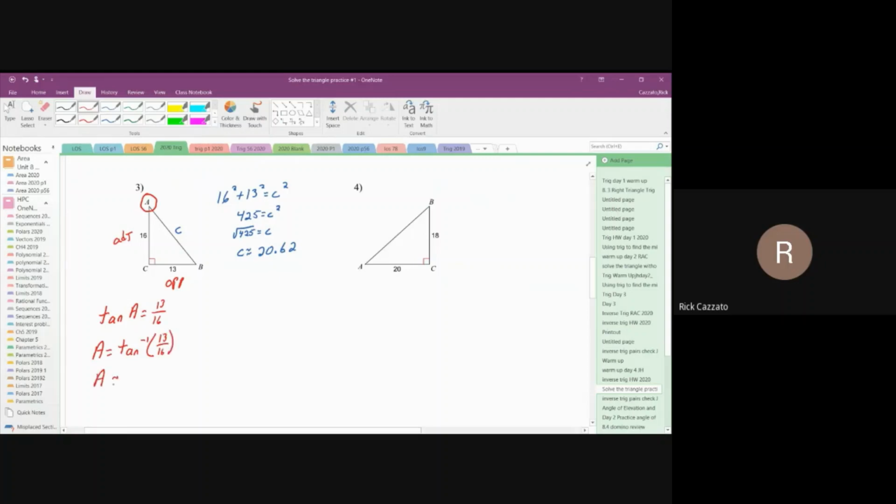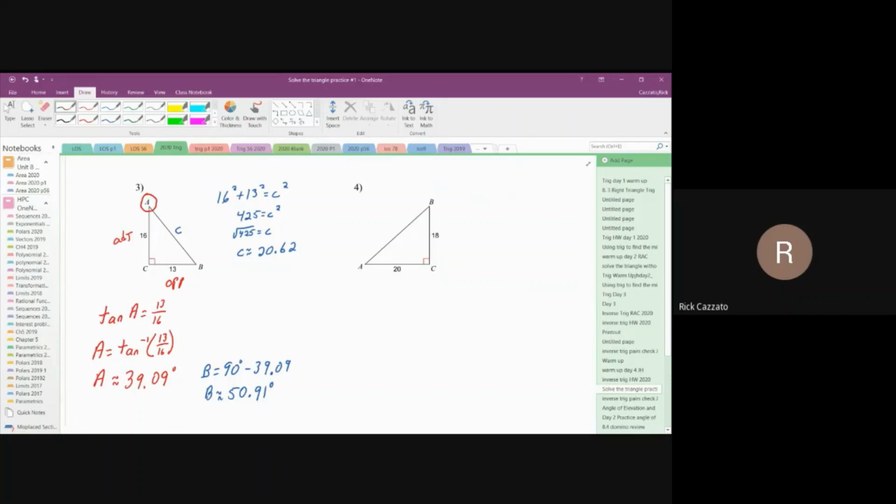And using the calculator, I get A is around 39.09 degrees. Since angle A and angle B add up to 90, angle B is equal to 90 degrees minus 39.09. So B is approximately 50.91 degrees. If you want to pause the screen and try problem 4, please do so.